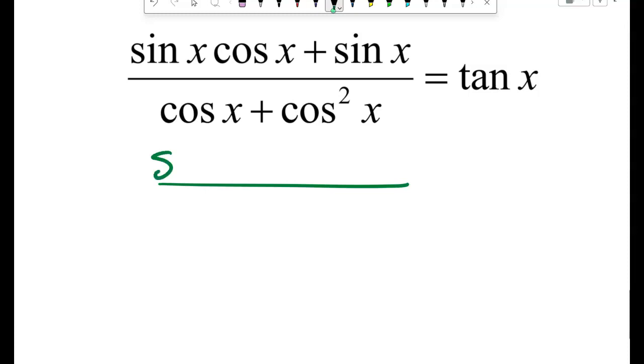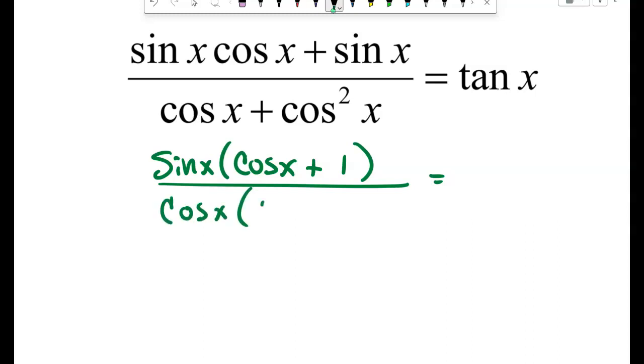Yeah, pull out the sine x, right? So I get sine x times cosine x plus what? 1. What about the bottom one? I got it. The cosine. Yeah, so we can take out a cosine x, and then we get 1 plus cosine x.